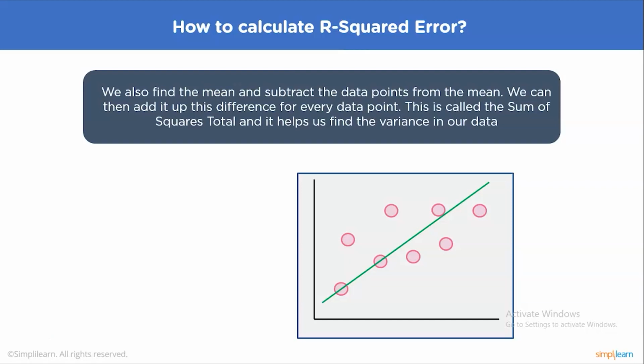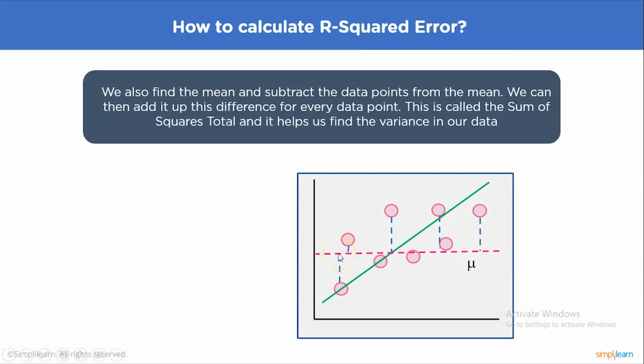This is also known as the sum of squares total, and using this we can find the total variance in our data. The mean is nothing but the average of our data, and using the mean we can find the center of our data. So this is exactly where our data is centered. This is the average value that occurs in our data. Now the variance is nothing but the distance of all of our data points from the mean.